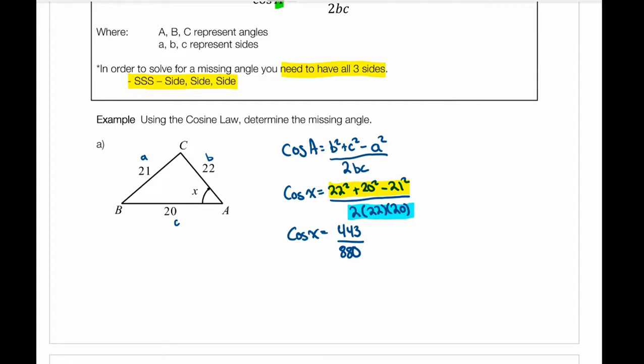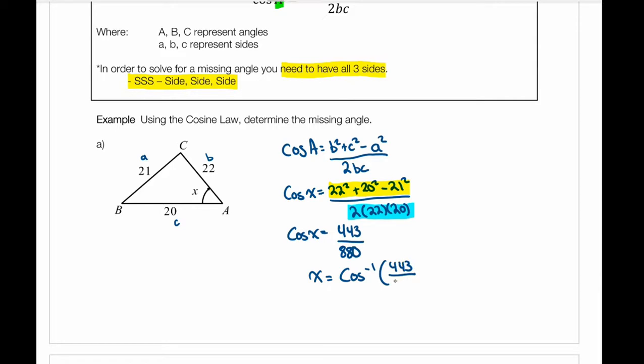Now, even though our numbers are pretty big, this should look fairly similar to something we've done before. It should look similar to when we used our cosine ratio when dealing with right-angled triangles. And essentially, this is going to be the same steps. To get x by itself, I need to move the cosine over, and when I move it over, it becomes the inverse.